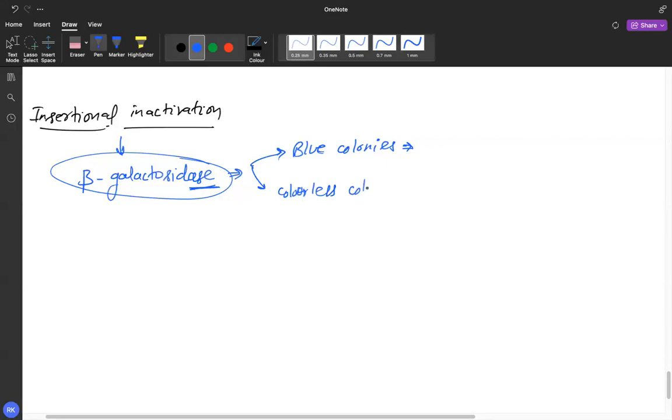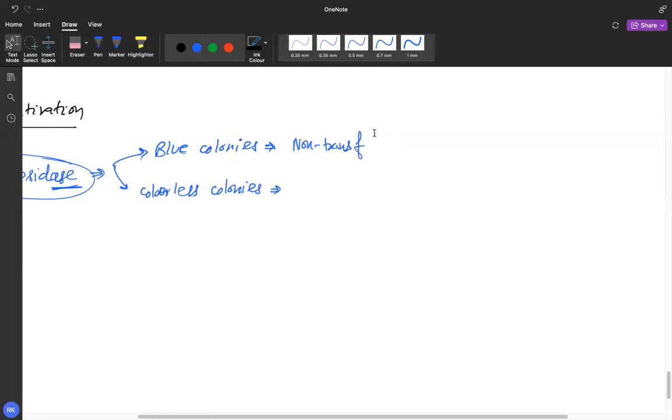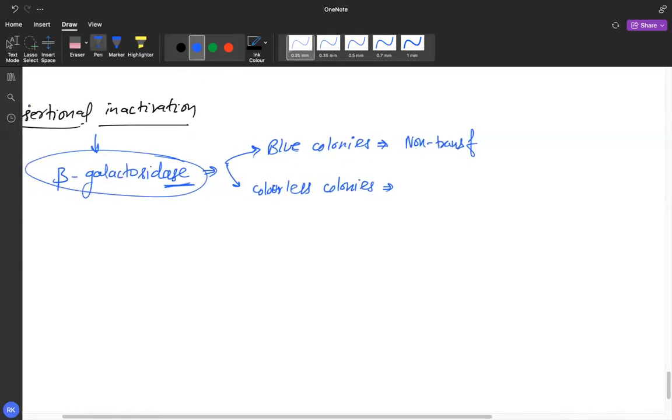First, read the question carefully. Blue colonies means non-transformants, because your piece of DNA is not inserted. Just take the hint from the name: if insertion is successful, inactivation will happen. If no inactivation, if this gene is active, then you will get blue colonies. So you can write here gene active.